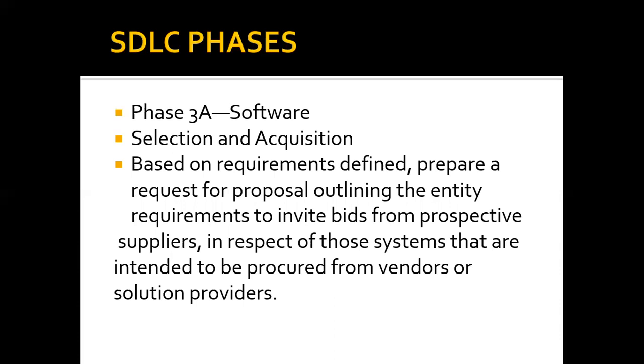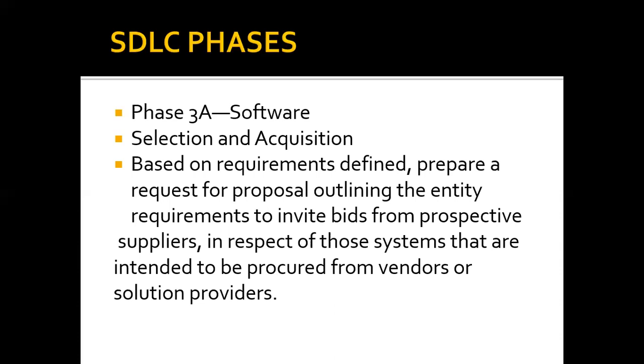Now we will use these requirements as a basis to develop what is called a request for proposal, RFP. The request for proposal is the documentation of the requirements and the expectations of the client as regards the vendor, what to expect the vendor to do on the ground.